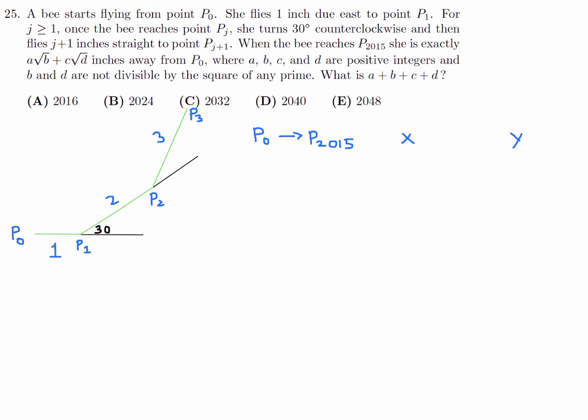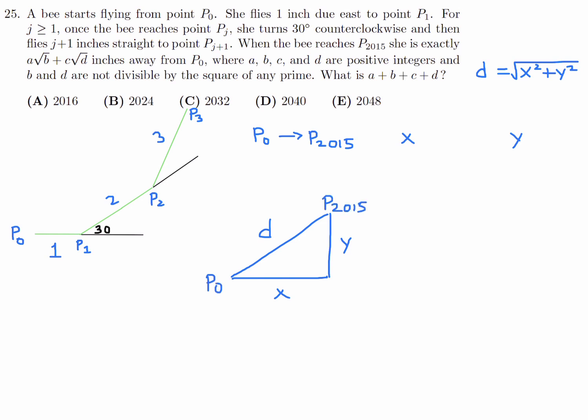So in the end, we will take the distance in the x direction and the y direction and figure out the total distance using Pythagoras. So for example, if we had gone this much in the x direction and this much in the y direction, the total distance from P0 to P2015 will be calculated by a simple Pythagorean relationship. So we're going to first concentrate on this x distance, then on that y distance individually.